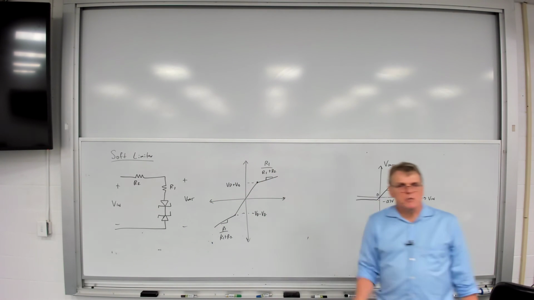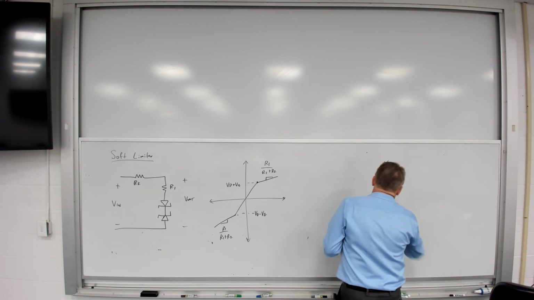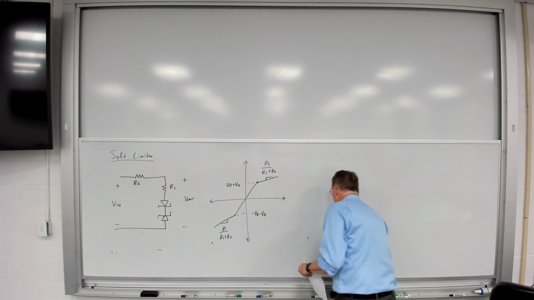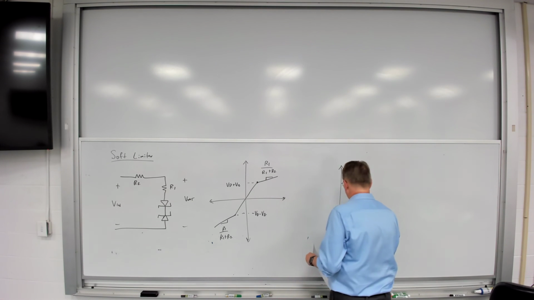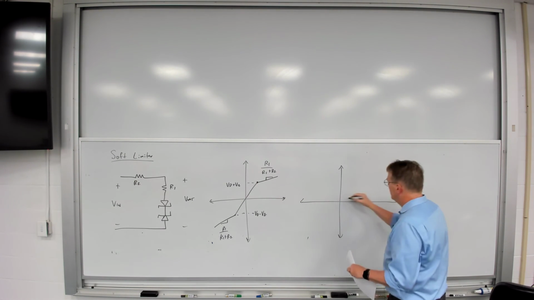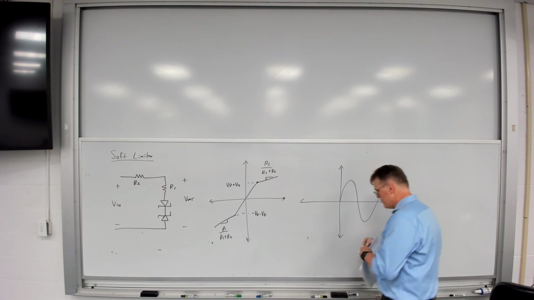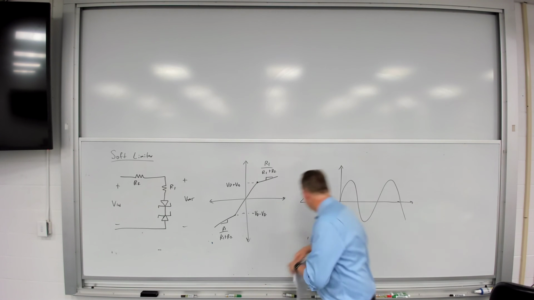So with what we call a soft limiter, we'll see this. Soft limit is going to look like this. Here's your input, and your soft limit is going to behave like this.